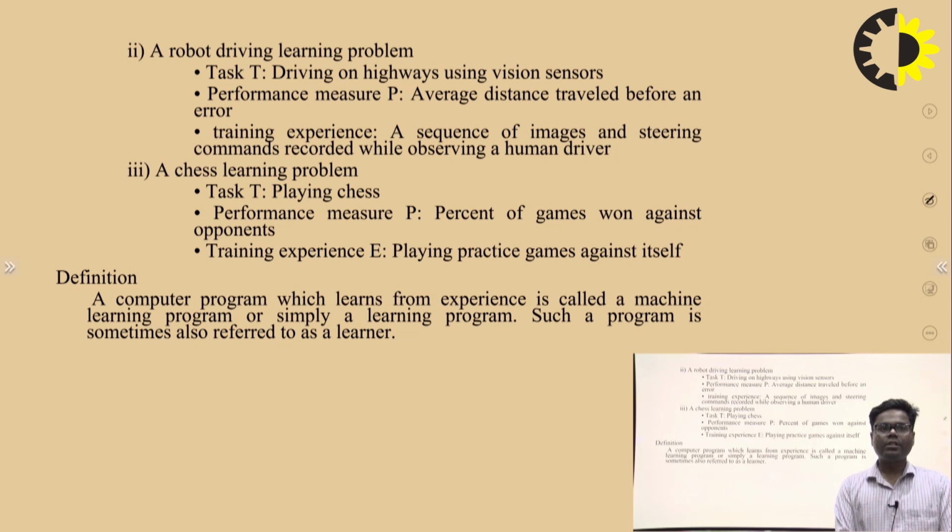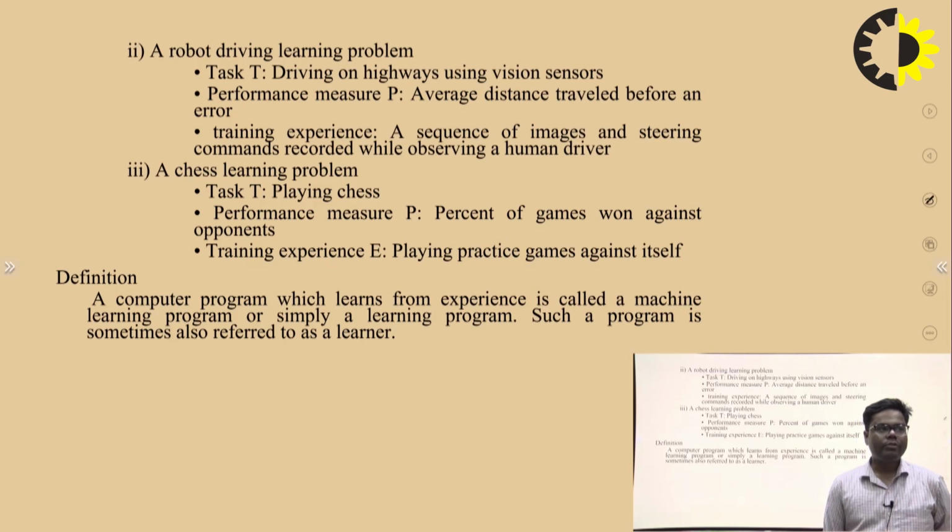They have the sensors and lots of code about what should be done and what the traffic rules are. The performance P is the average distance traveled before an error, meaning how much distance the car has covered. The training experience E is the sequence of images and steering commands recorded while observing the human driver.